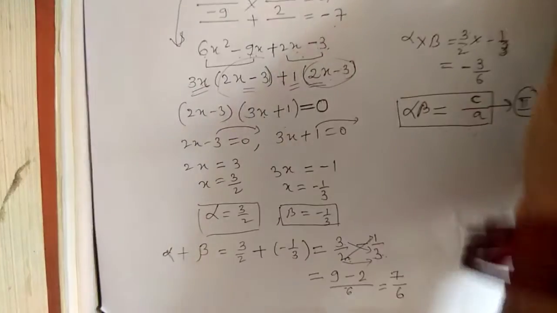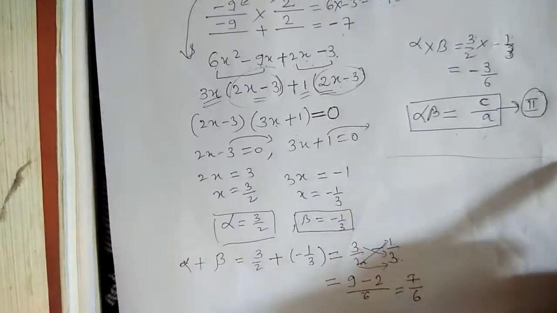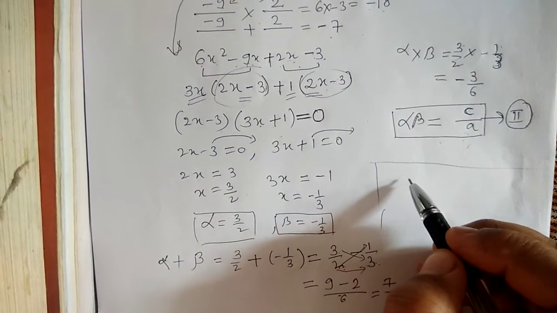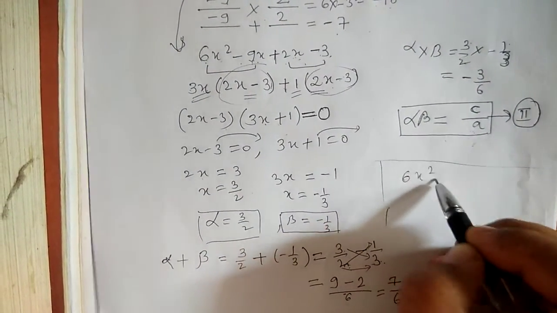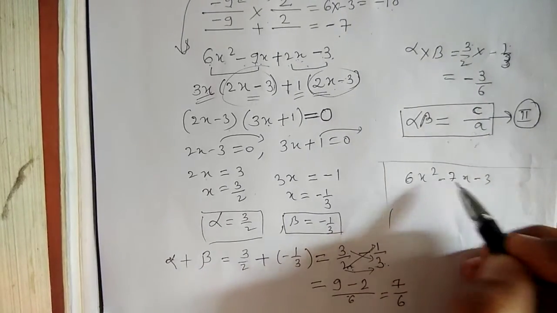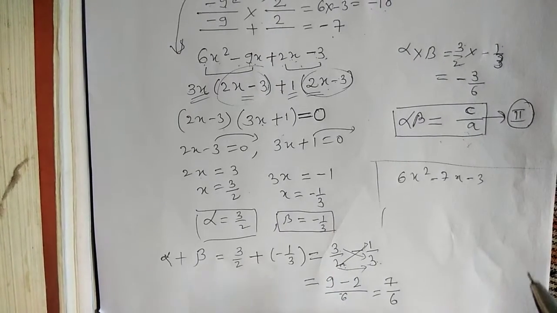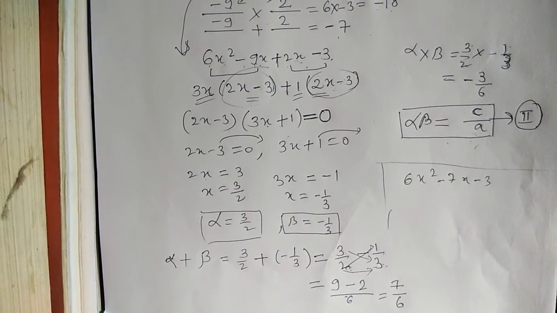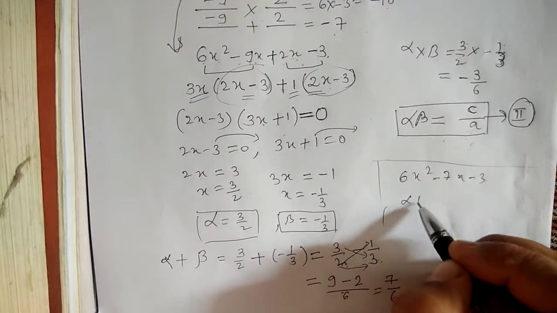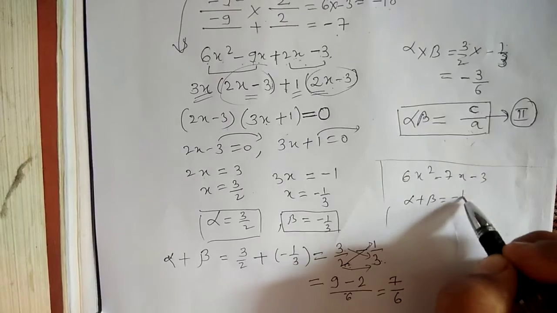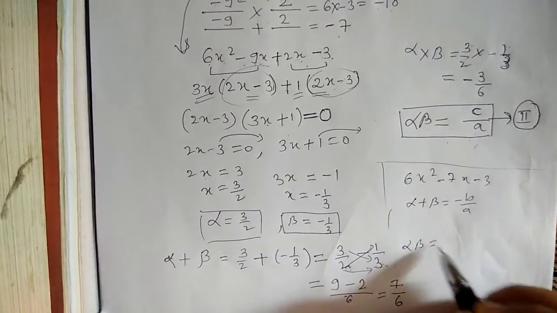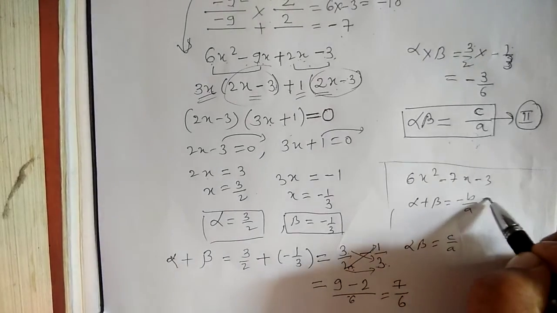Sometimes they will give a quadratic equation and ask you to find the sum of roots. Suppose the quadratic equation is given as 6x square minus 7x minus 3, the same I am taking. Now we have the relation. If in the exam a quadratic polynomial is given and you have to find the sum of roots and product of roots, the sum of roots will be minus b by a and the product of roots will be c by a.